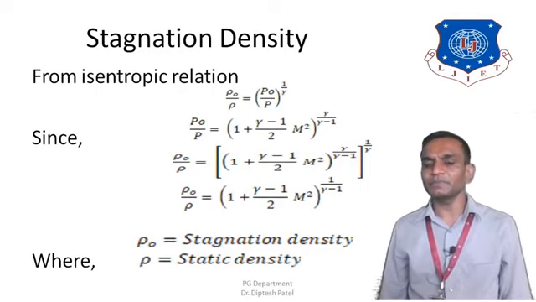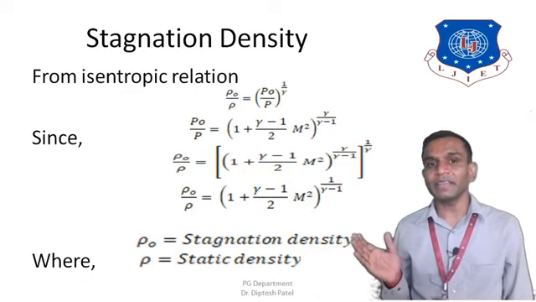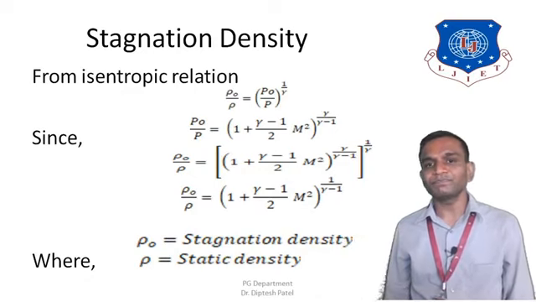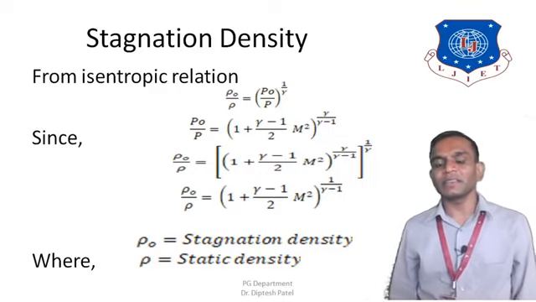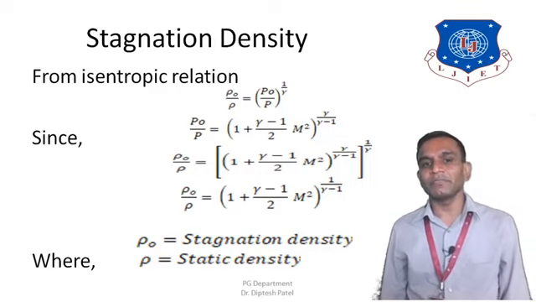Now let's put the value of the ratio of stagnation pressure to static pressure in the above equation, where P0 divided by P is equal to (1 plus (gamma minus 1) divided by 2 M square) raised to gamma upon gamma minus 1. So the equation can be written as rho0 divided by rho is equal to, inside the bracket, (1 plus (gamma minus 1) divided by 2 M square) raised to gamma divided by gamma minus 1, all raised to 1 upon gamma.